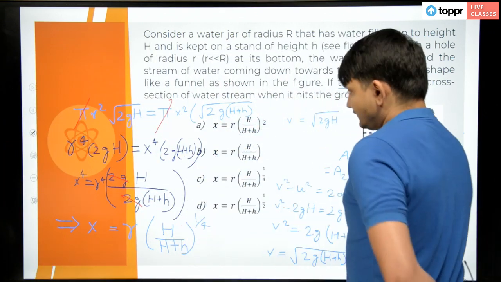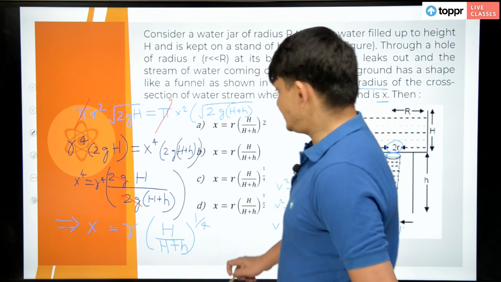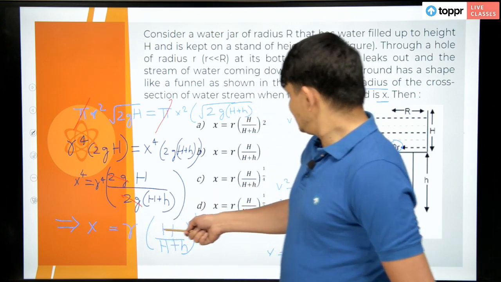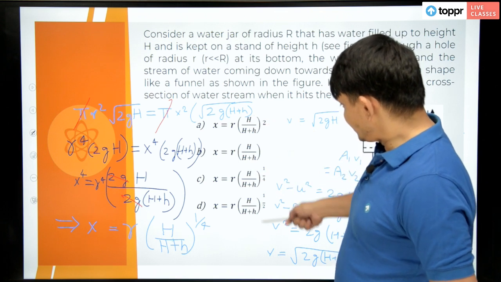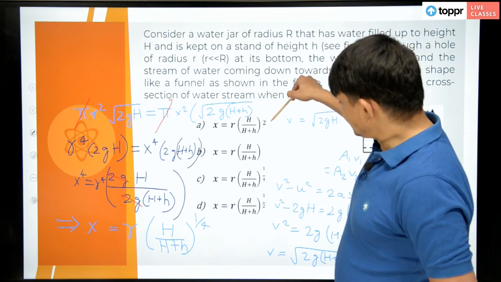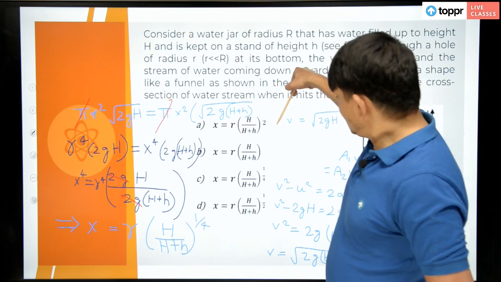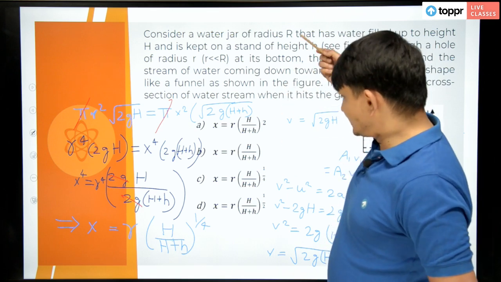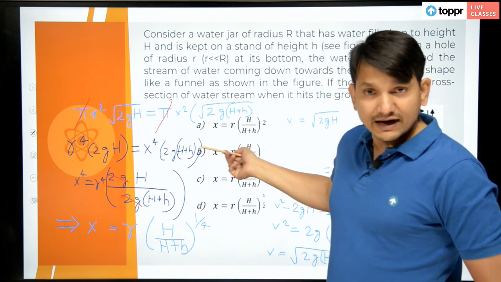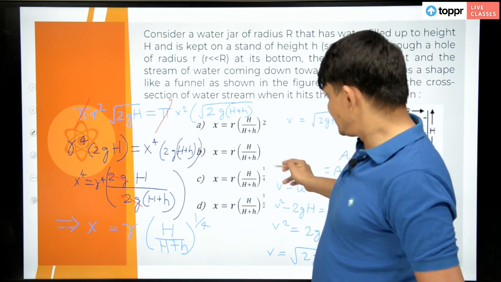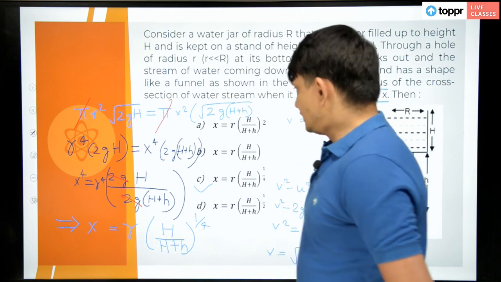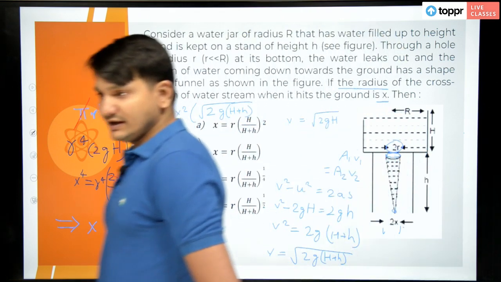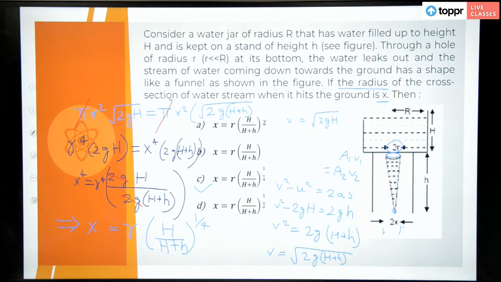Do we have an option that meets this? x equals r times H divided by H plus h, all are in the same format, but the exponents are different. The only right exponent we are getting here is 1 by 4, in option C. That is our option. I hope everyone is clear on that.